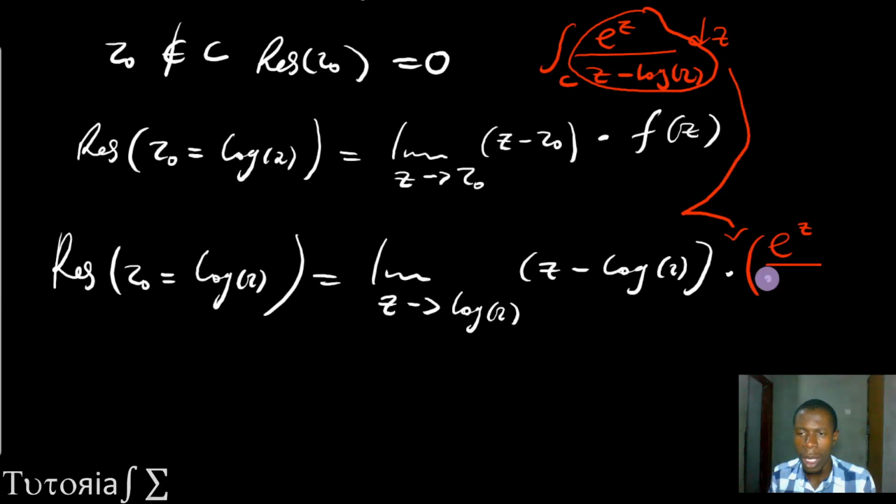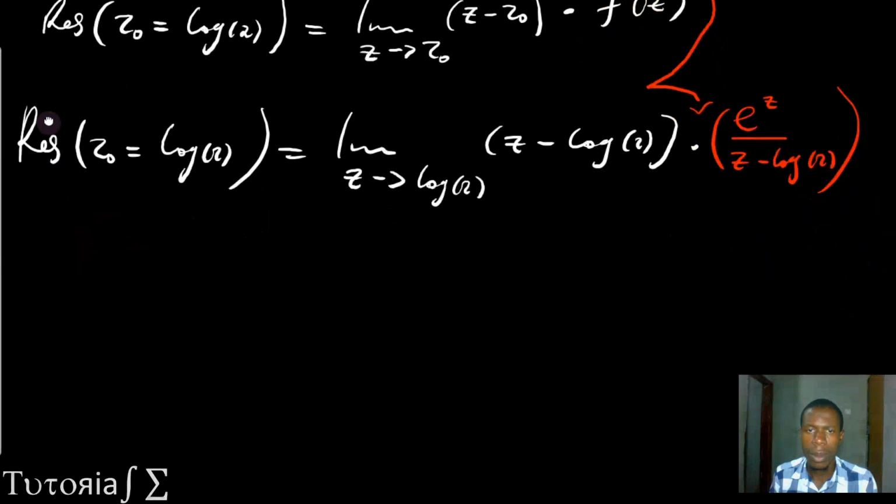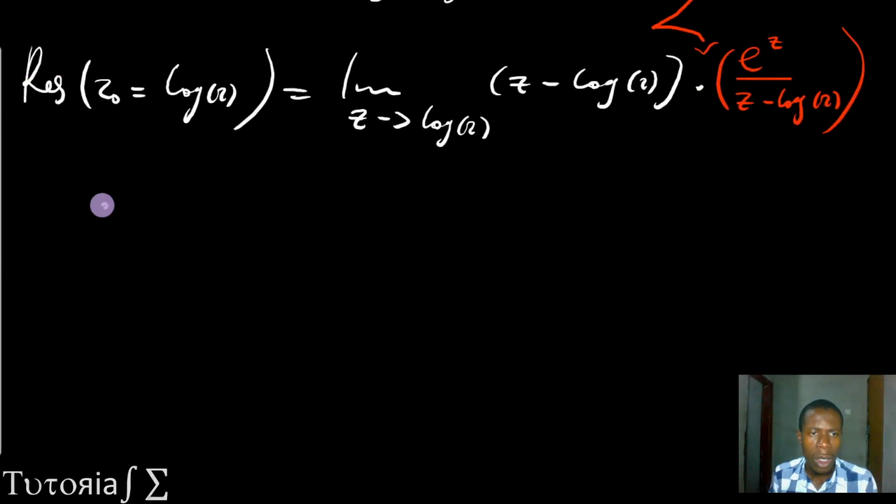all over z minus 2, like that. Simplify here. So the residue equals, so we'll see that this cancels.